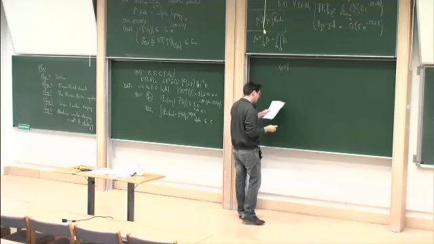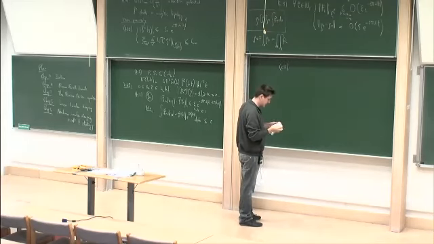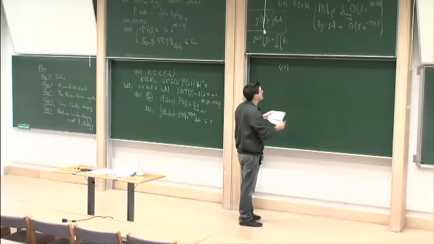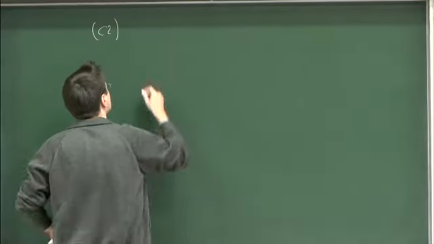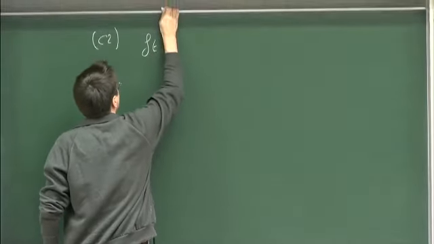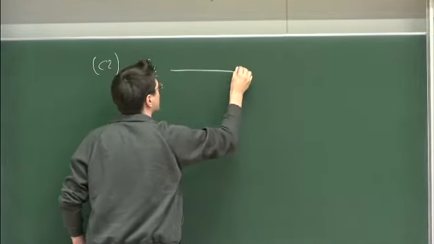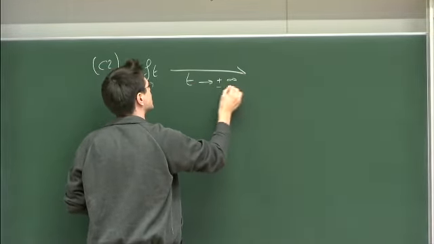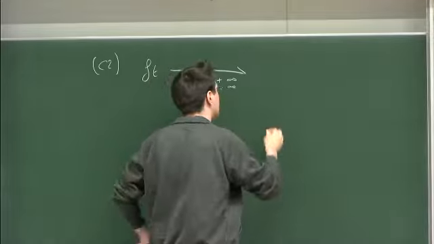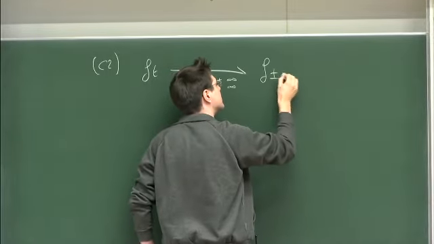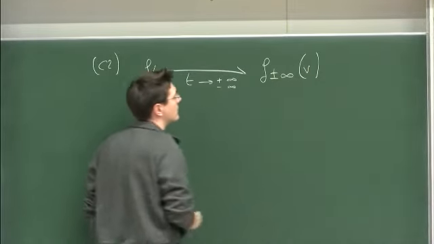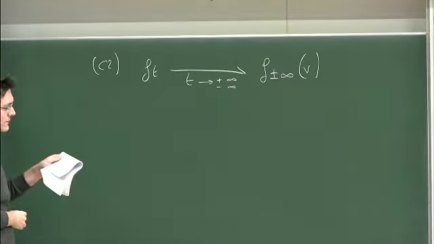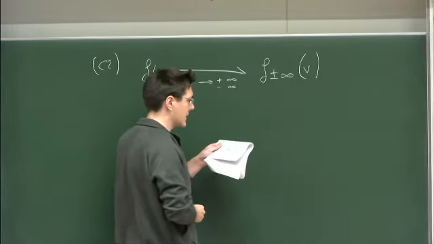In fact, we have more than the damping of the electric field, or gravitational force field. The whole distribution F_t converges weakly towards some homogeneous distribution for time going to minus or plus infinity.